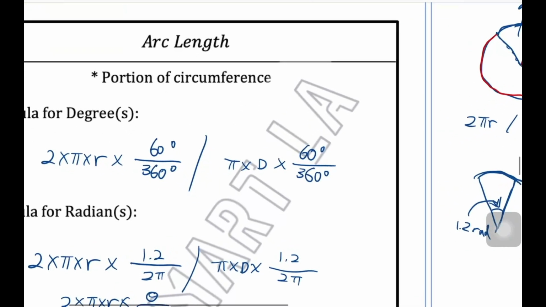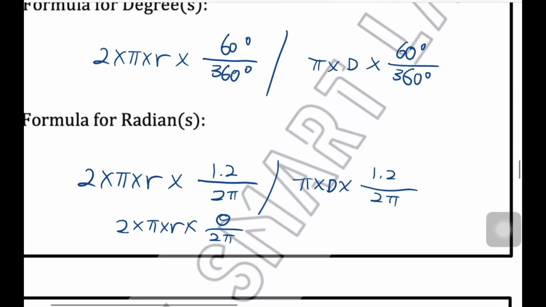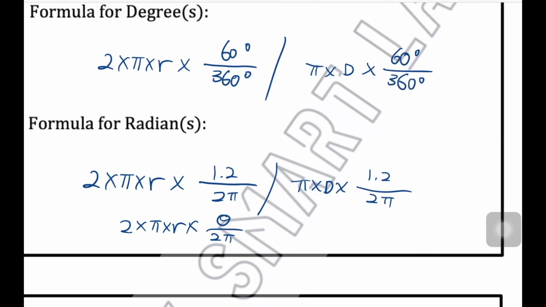Allow me to zoom in a little more on this. If you simplify this equation, you will realize that 2, pi, and r are not fractions, while your theta over 2 pi is a fraction. So if it's not a fraction, I can put it over 1 first. 2 whole can be 2 over 1.